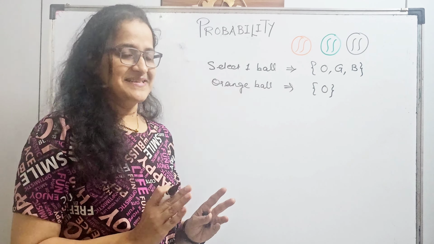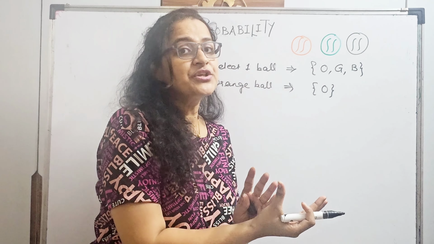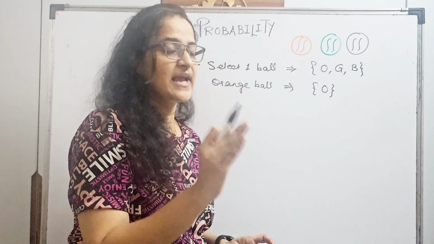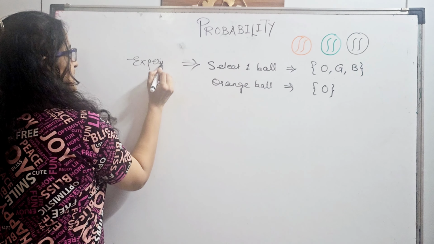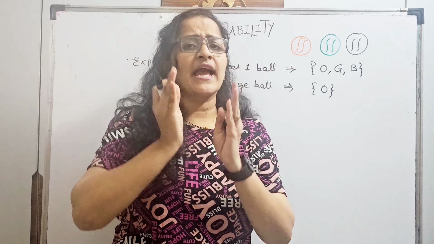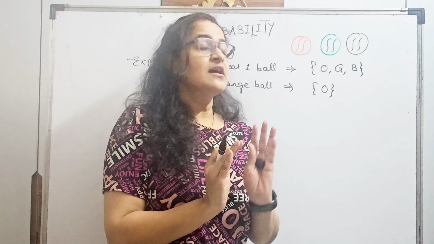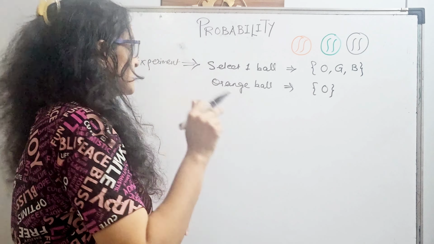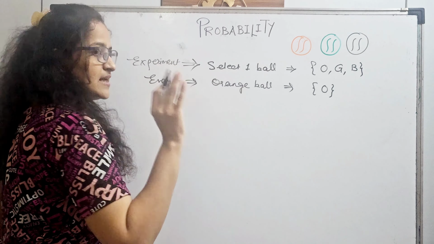Now understand this. Whatever is the generalized operation you are doing, that is known as experiment. And whatever is the specific action or specific operation or specific activity you are doing from this experiment, that is known as event.